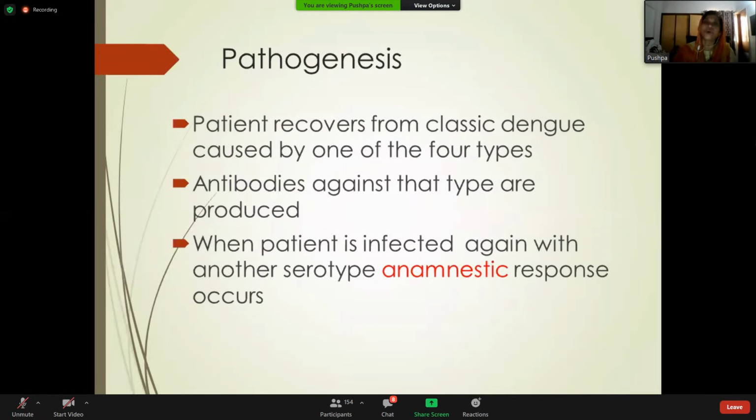Already antibodies are there in that person because he or she was infected with type 1. What happens when the second type of dengue comes into play? There is formation of a large number of cross-reacting antibodies.